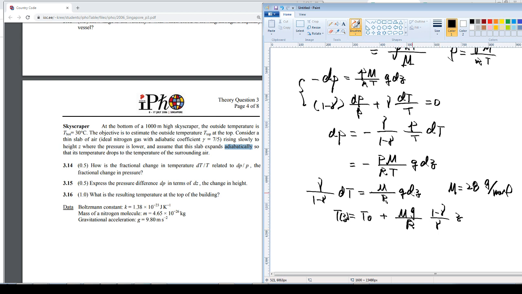So we have the temperature at the bottom, which is 30 degrees. We have 28 grams per mole. It would be necessary to convert this into kilograms per mole. 10 for g, 8.314 for R. Gamma is 7 over 5. And height is 1000.